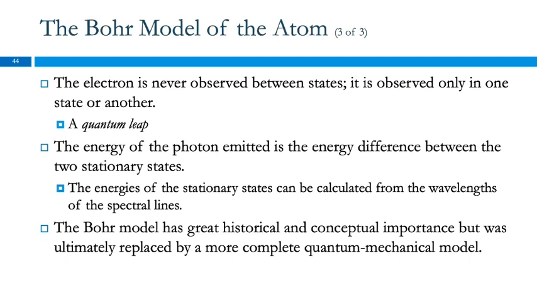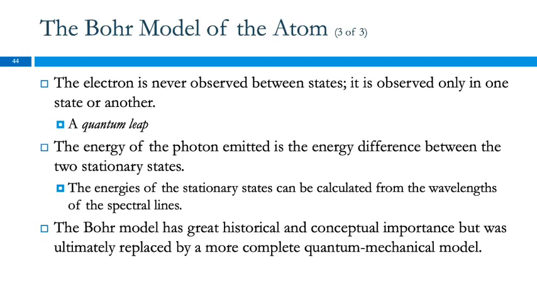So the Bohr model is important, has great historical and conceptual importance, but unfortunately it only worked for the hydrogen atom. So great, it works for hydrogen, you can calculate all kinds of stuff and do cool things, but it only worked for hydrogen. So it's not very useful because most of the other elements are not hydrogen, right?